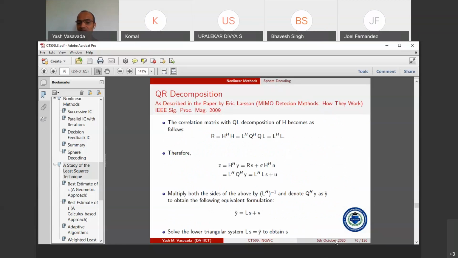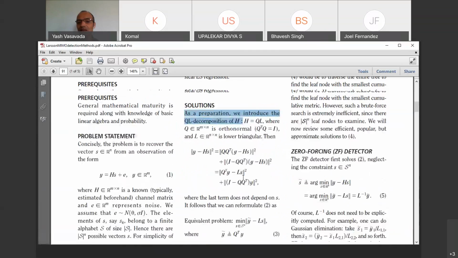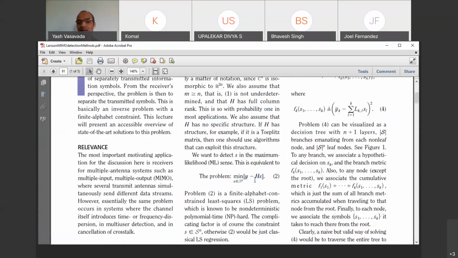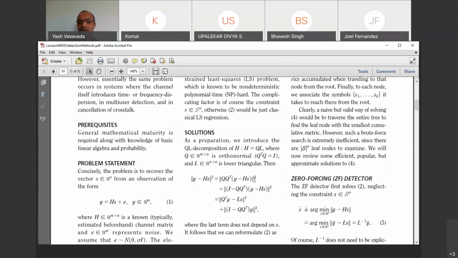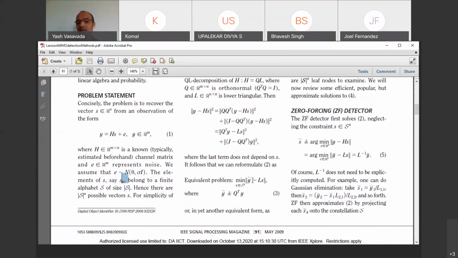Performing distance minimization on y minus H times s is the same as performing distance minimization of y tilde minus L s, where L is lower triangular and y tilde is Q transpose Y. Y tilde is the same Y tilde which we have seen here.